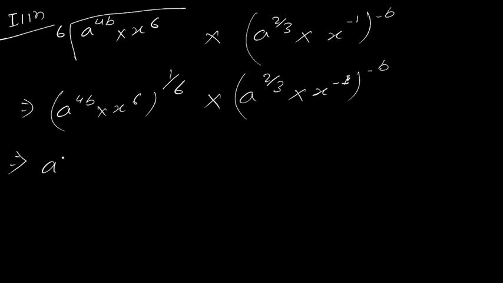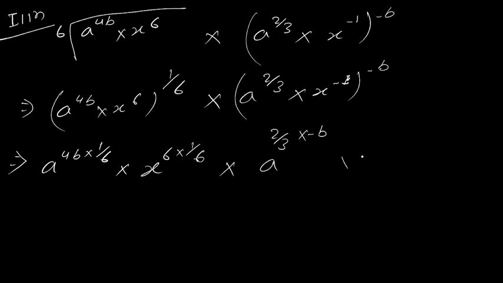So here a to the power 4b multiplied by 1 by 6, multiplied by x to the power 6 multiplied by 1 by 6, multiplied by a to the power 2 by 3 multiplied by minus b, and here x to the power minus 1 multiplied by minus b.